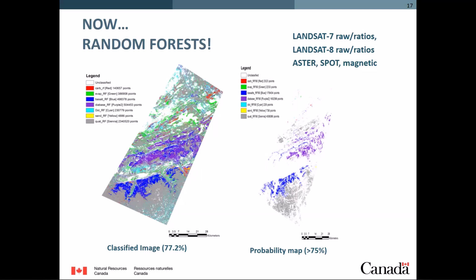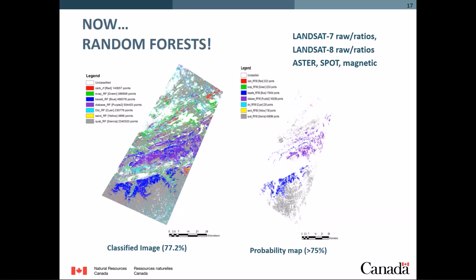And what I've taken out here is I've only isolated the pixels that have a probability of greater than 75%. So you can see that not all the pixels are classified, but the beauty of this map is that we're more certain of this map because we've taken out the lower probabilities.